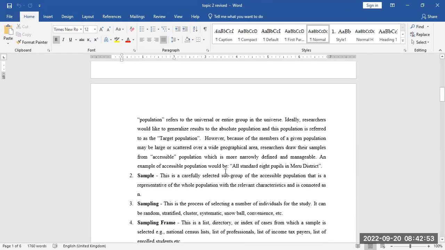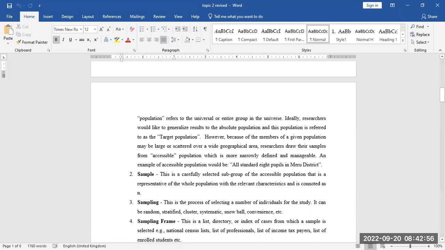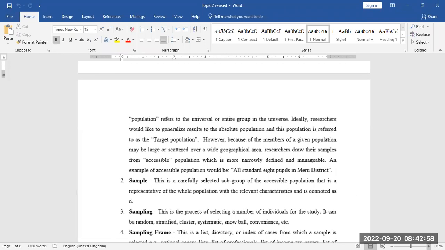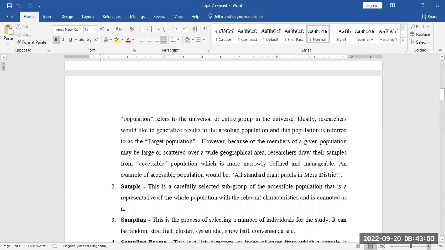There are a lot of details that have been given about what a population is. That one you can read as you go through, but I've just summarized. For example, we are saying all standard 8 pupils in Meru district. That one is a population. But if you decide to go to Meru district, say for example, a school known as Nkobo Primary School, now that is your sample.